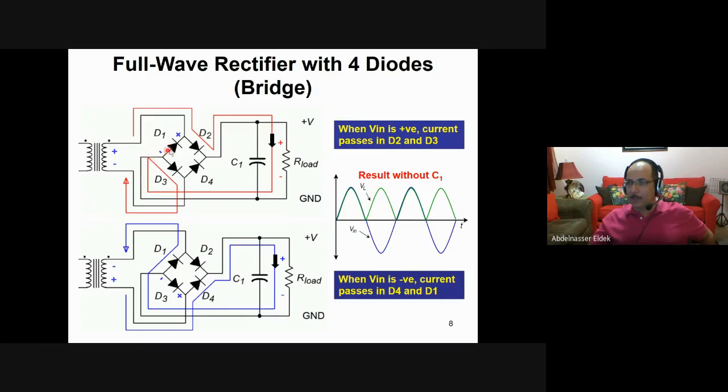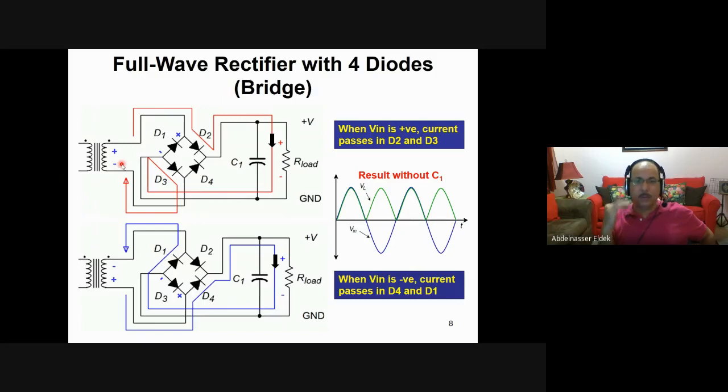Of course, it will not go in this direction because, as I said, this was open circuit and the voltage here is higher than the voltage here. Then it will go through this diode, which is D3, and then return back to the negative terminal. So now the voltage across the load is almost the same as the input voltage. But of course, practically it will be the same voltage as this input voltage, minus the voltage across the diode.